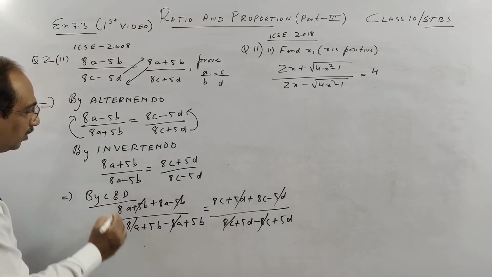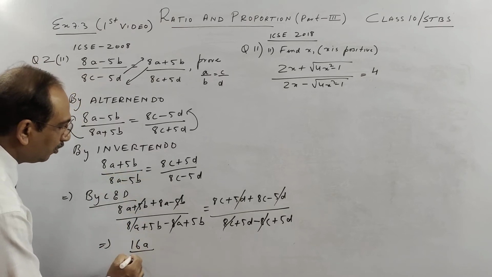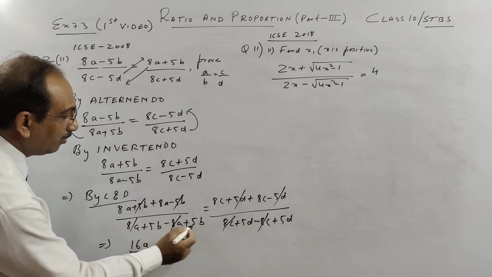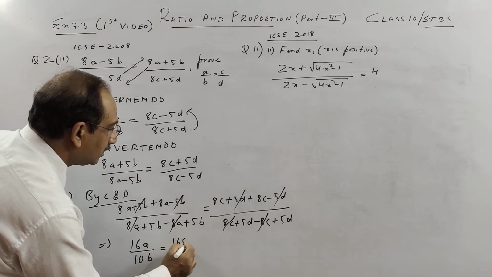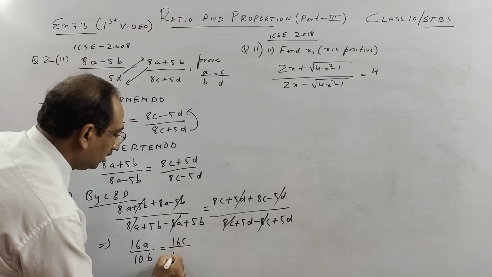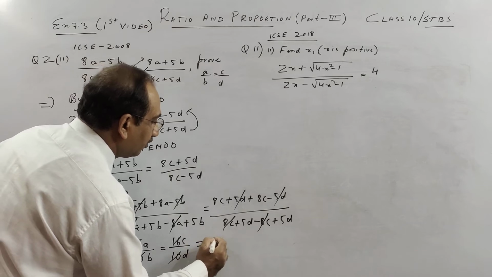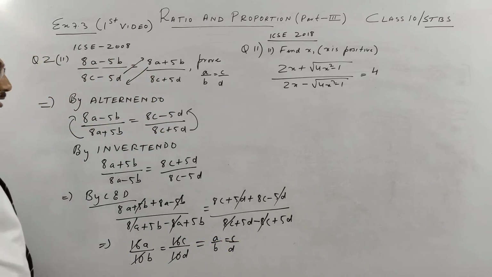Ultimately what we get, I told you, twice this term upon twice this term. 8A 8A, 16A, 5B 5B, 10B. Here 16C by 10D. So all this 10 cancels. So finally what we get, A by B is C by D. Hence we proved.